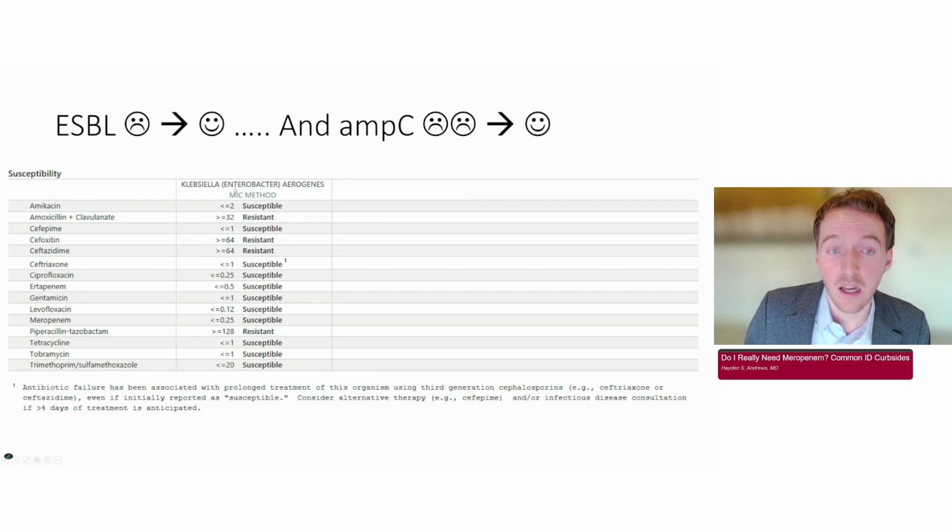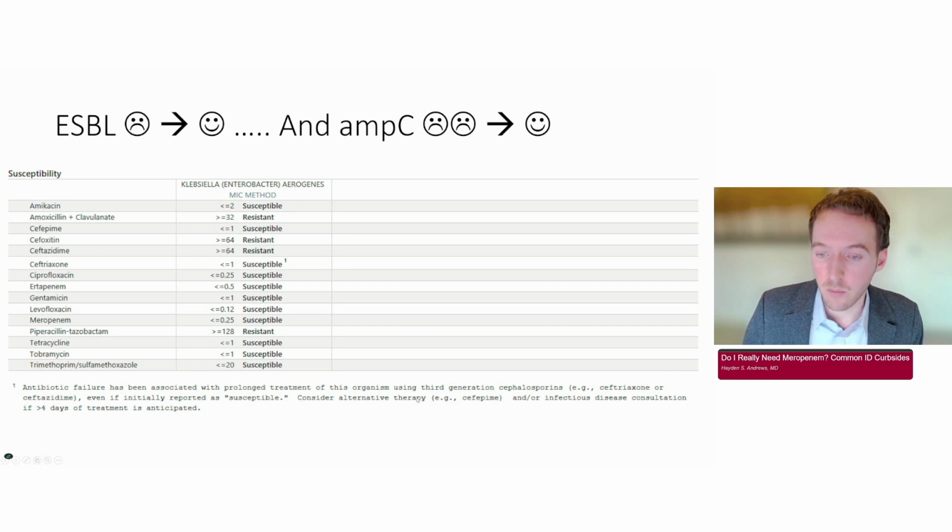And so what you'll see is we have a bacteria here, Klebsiella aerogenes, which was one of those 3 that does have AMP-C phenotype. And what you'll see is ceftriaxone, it says susceptible, which it almost always reports as susceptible, right? Because the gene is quiet, those first few days. But there's this little asterisk by it, and it shows exactly what I was telling you there.